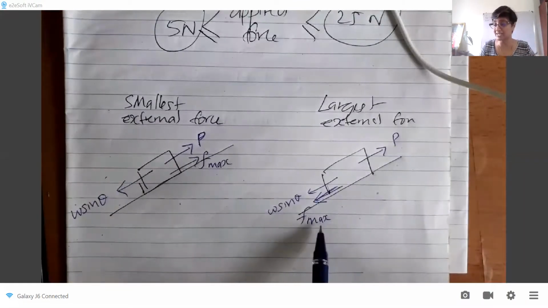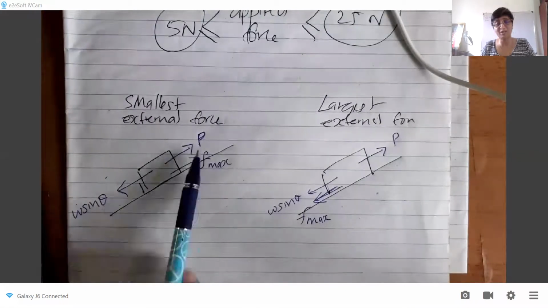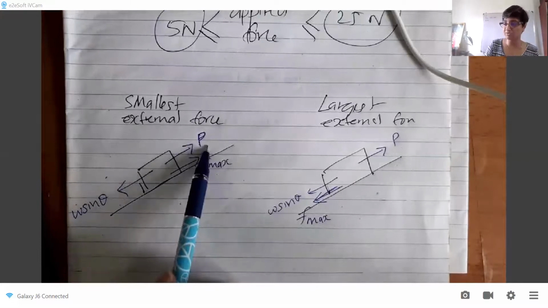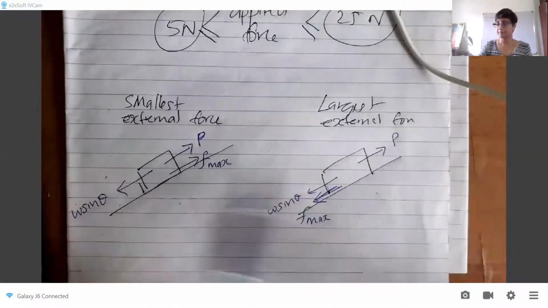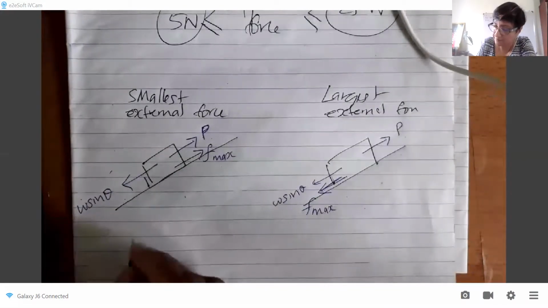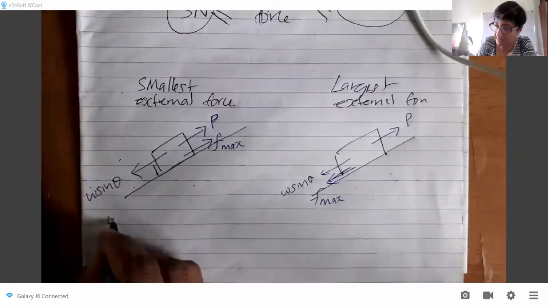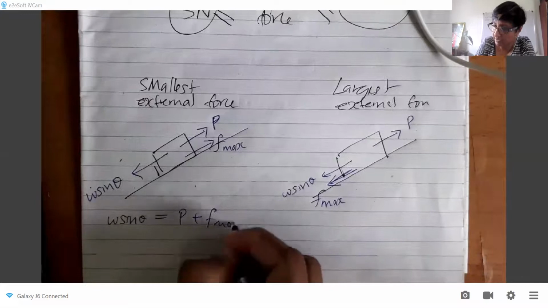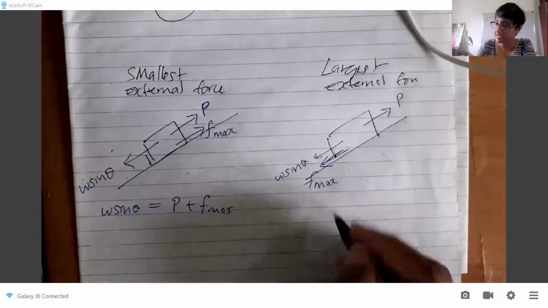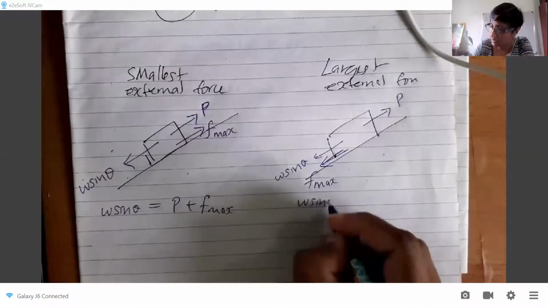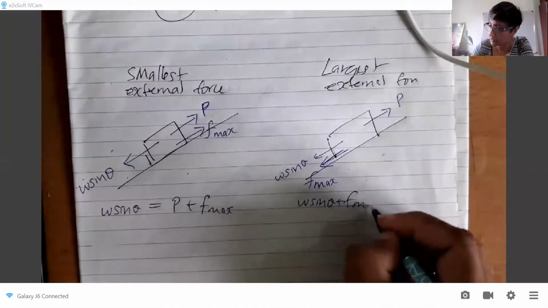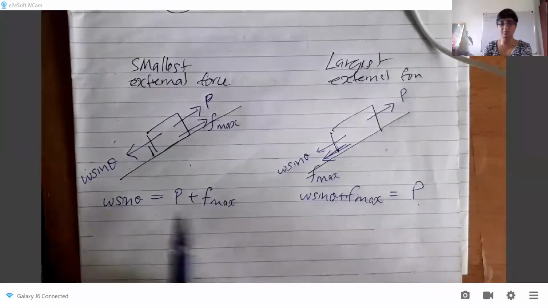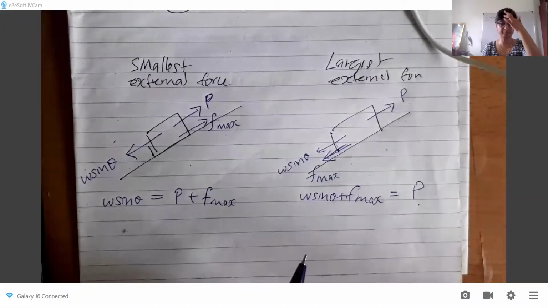Here you are balancing W sine theta with the help of F max. So this is a small force, that's a large force. In both, W sine theta is balanced by your force and F max. Here you have to balance both of them. So this is a large value, this is a small value. Okay.